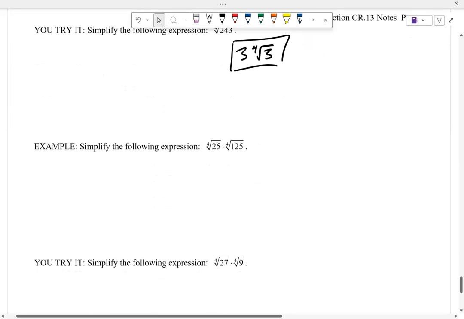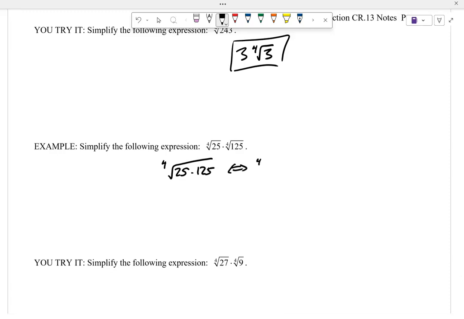Let's do some fourth roots here. I got the fourth root of 25 times the fourth root of 125. Notice they're both fourth roots, so I can put them all underneath the same radical sign there. So I got 25 is 5 and 5. 125 is 5 and 5 and 5.